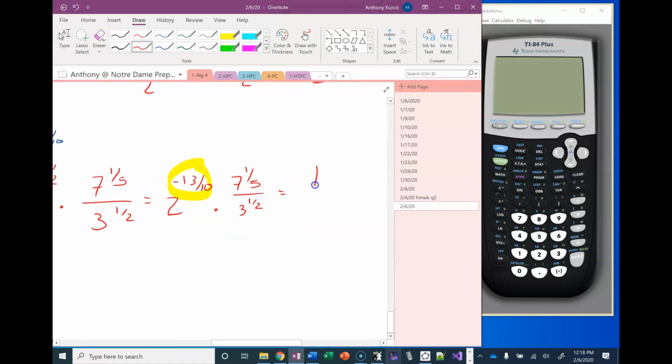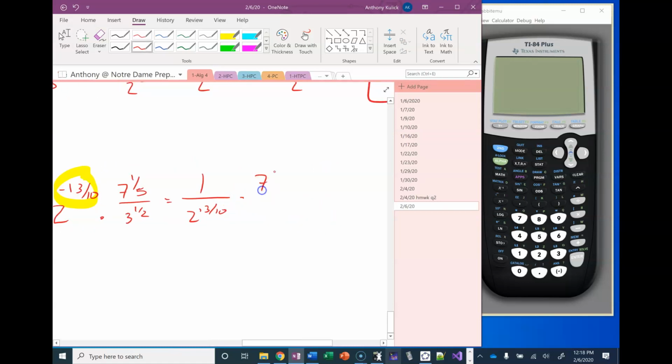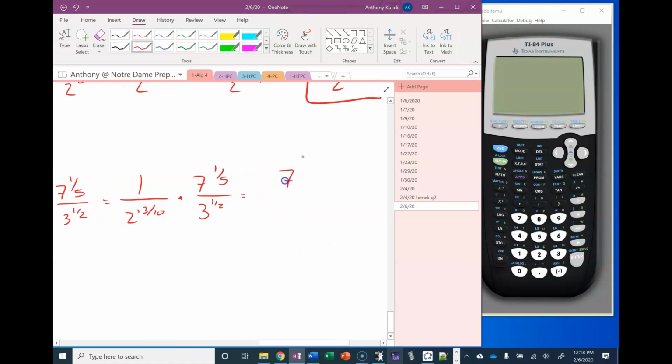So I'm going to have 1 over 2 to the 13th. I'm sorry, 2 to the 13 over 10 times 7 to the 1/5 over 3 to the 1/2. And if I multiply these together, I can just put this all in the same fraction, right? Everybody good there?